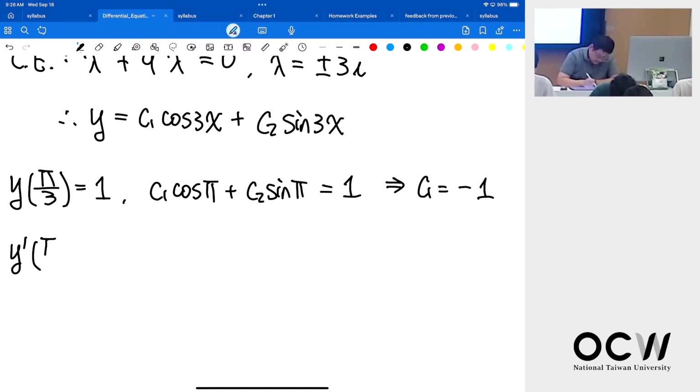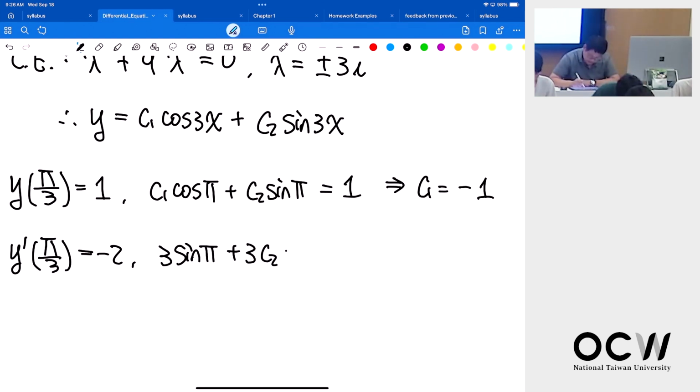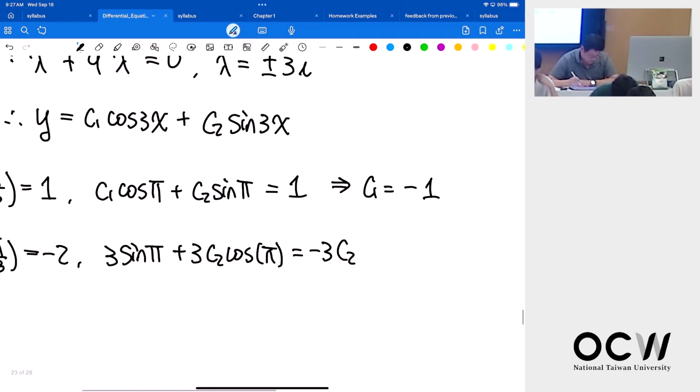And for the other initial condition, we have minus 3 sine pi plus 3 C2 cosine pi, that's minus 3 C2, which equals minus 2.